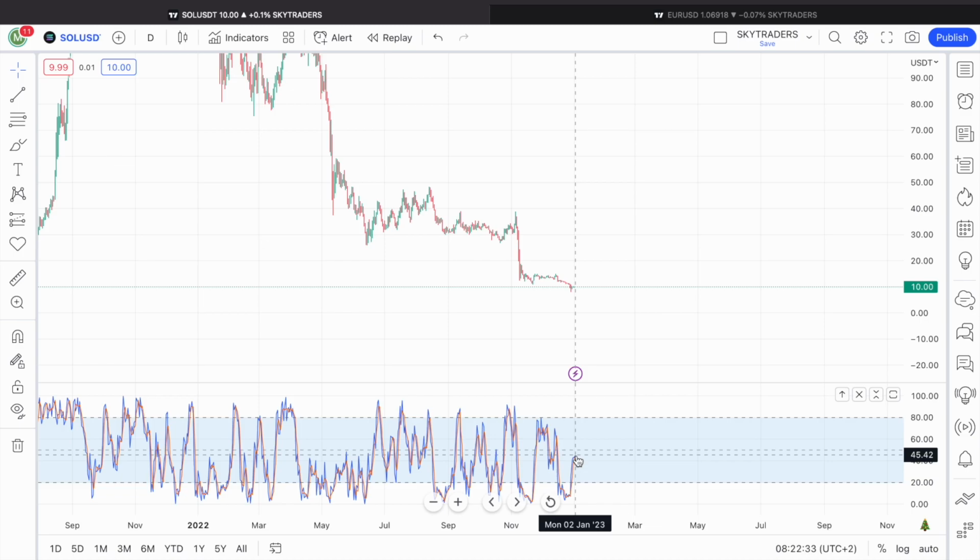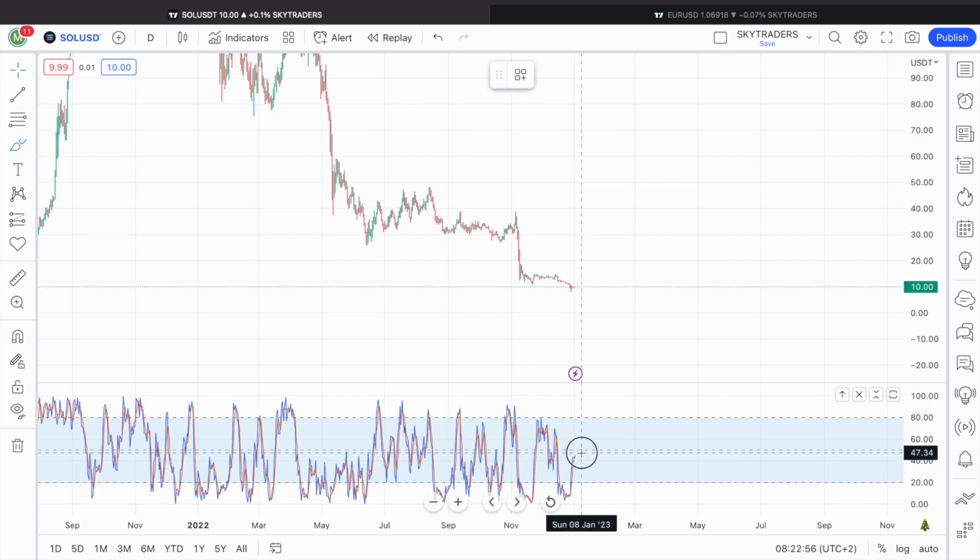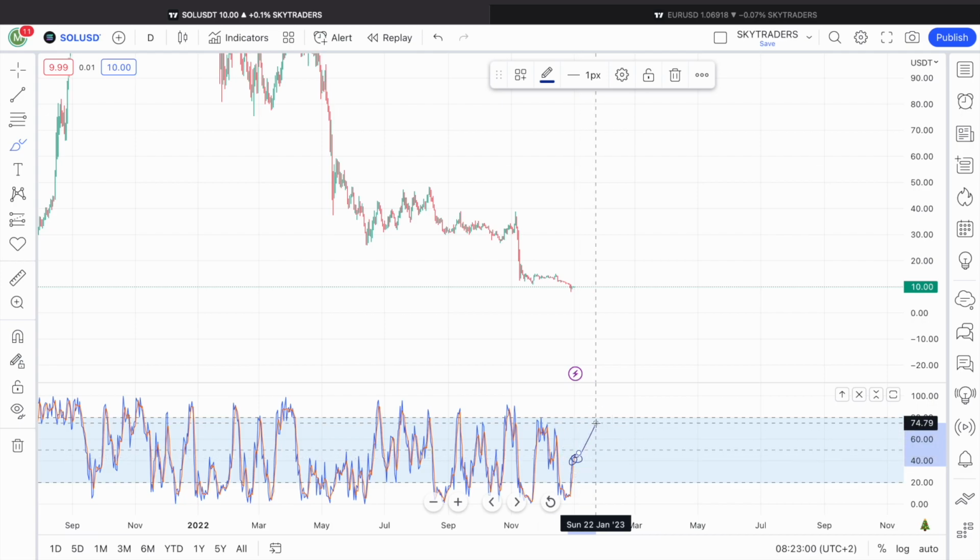Whenever I use the stochastic, I don't use it a lot of times, but whenever I use it, when this line passes the 50%, it confirms that price has more and more potential to go in the same direction, whether it's uptrend or downtrend. So I combine this to have more of a confirmation on my buys. But again, I don't use indicators to trade alone. So as you can see, now we're reaching towards this 50%, and price is ready to explode even more in one of the directions, right?